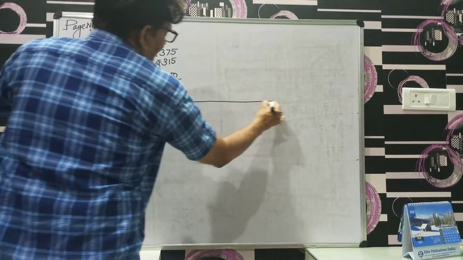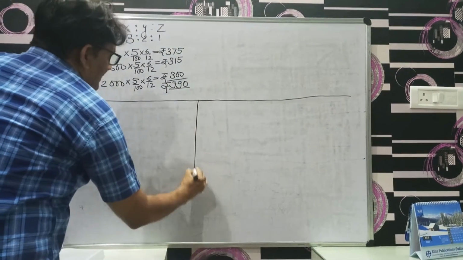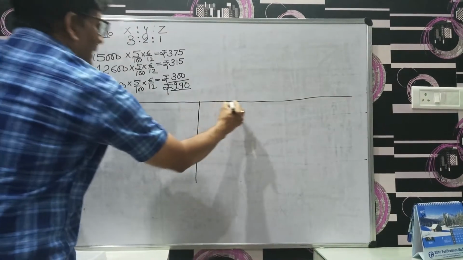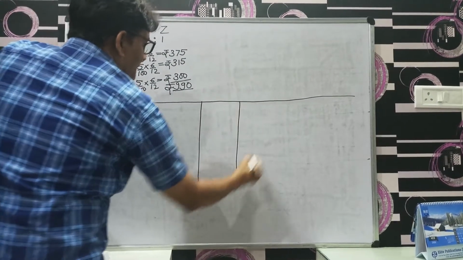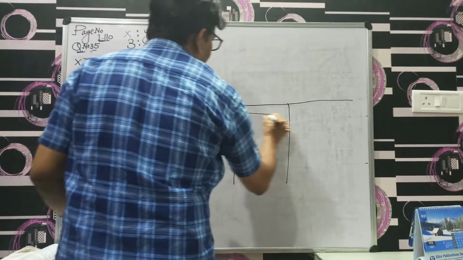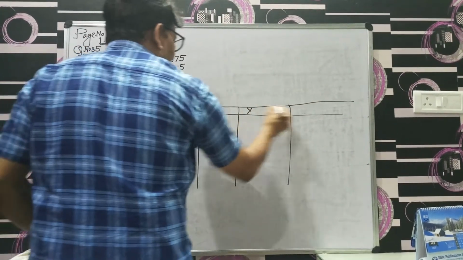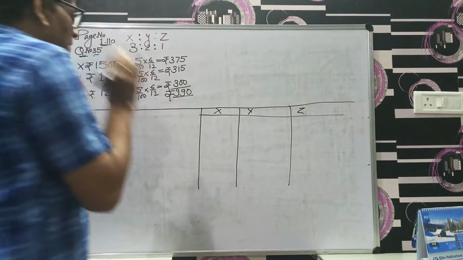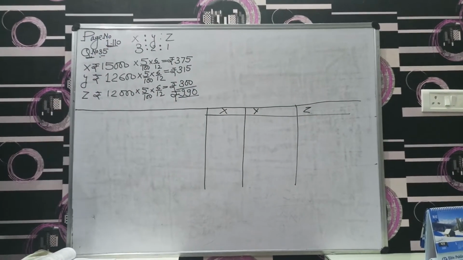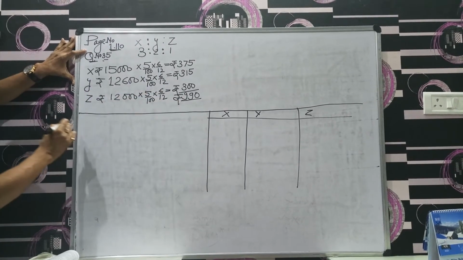How many partners did we have? We had 3 partners X, Y and Z. This was already debited, now we have to credit it.